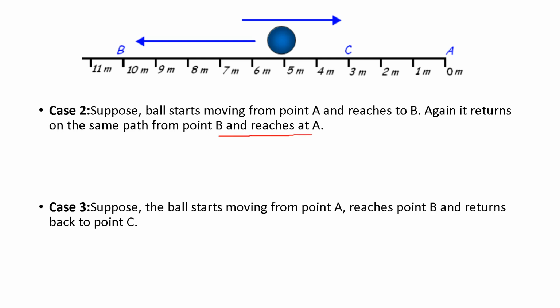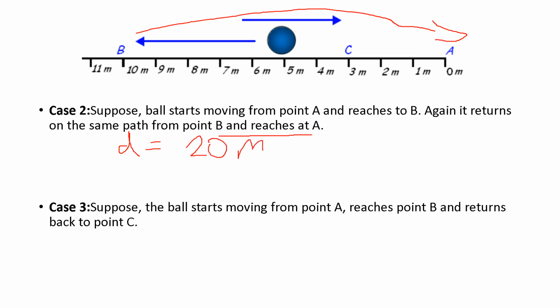The case 2 is, suppose the ball starts from point A, reaches B, and again it returns on the same path from point B and reaches point A. Means the ball is again reaching point A from point B. So in this case, the distance is going to be 20 meter.